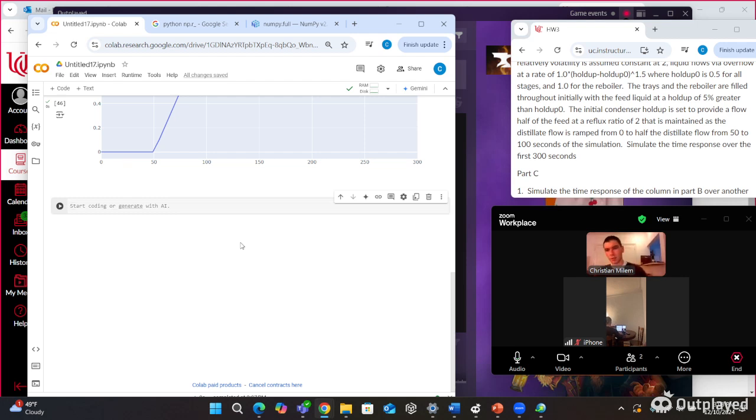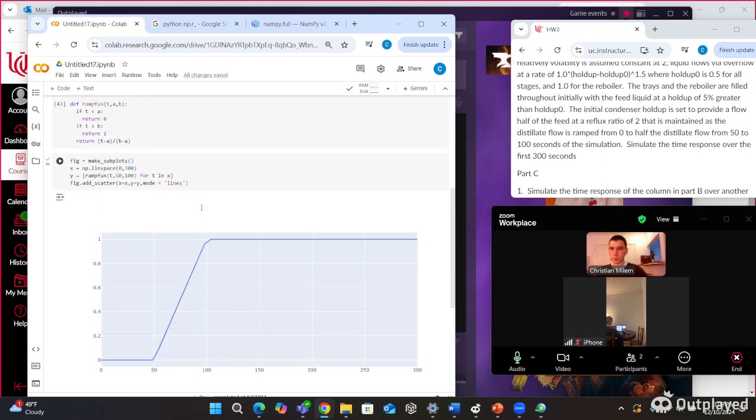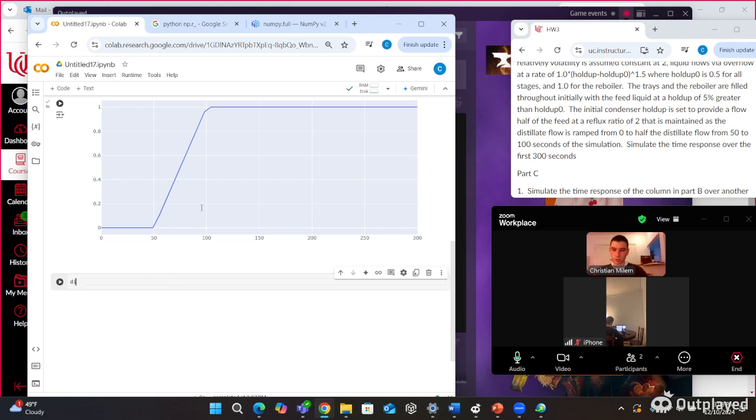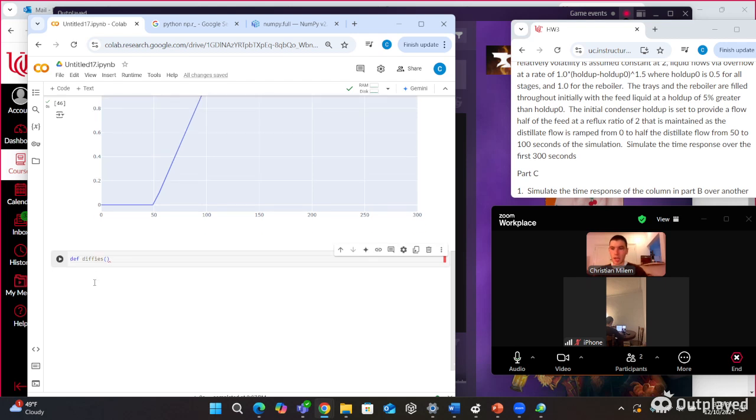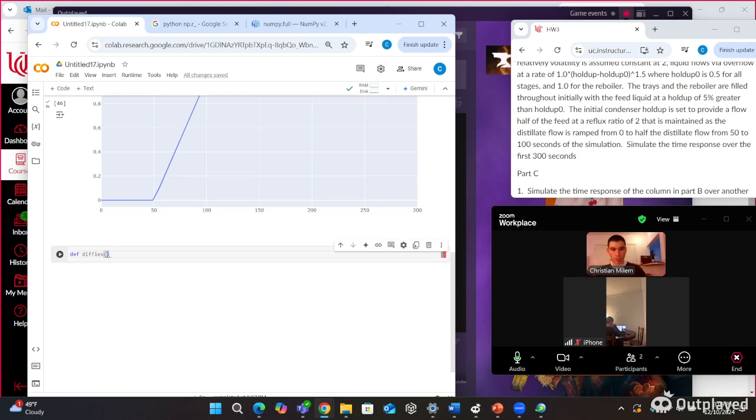Those are our differential equations. Then we'll use solve IVP after that to actually solve them. So we integrate them, and we get actual values over a span of x values, which we can then plot. But first we have to solve for this.